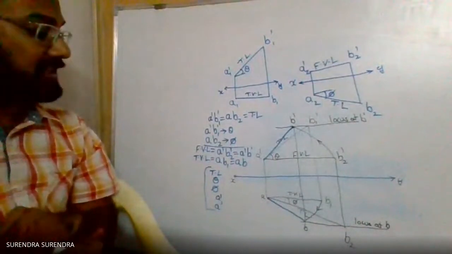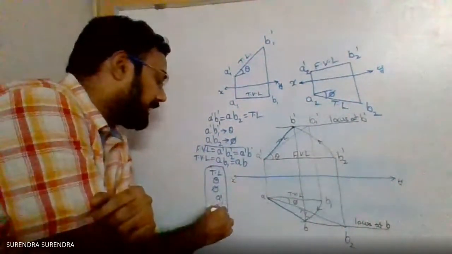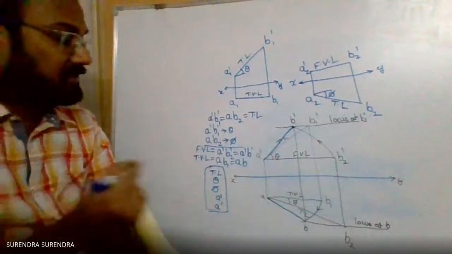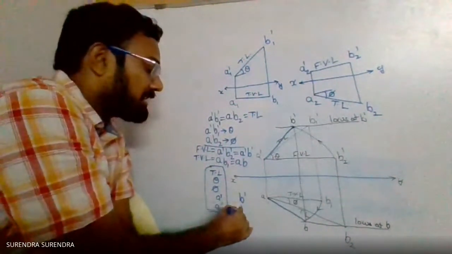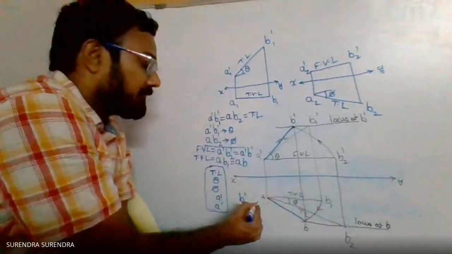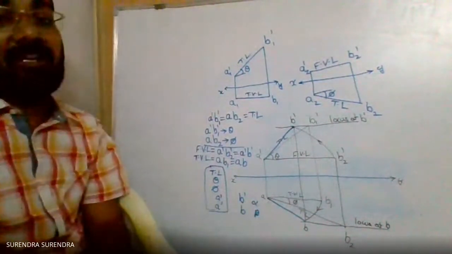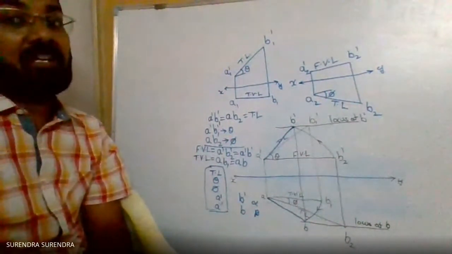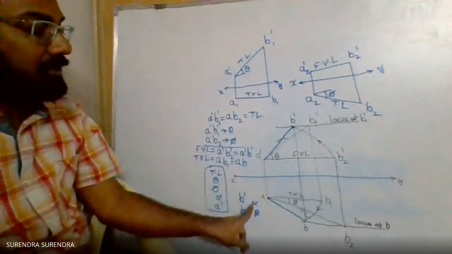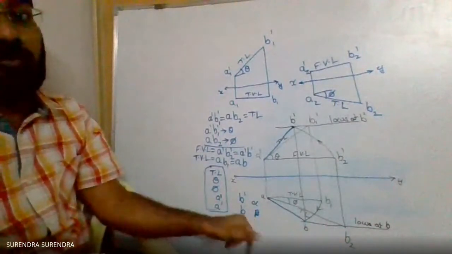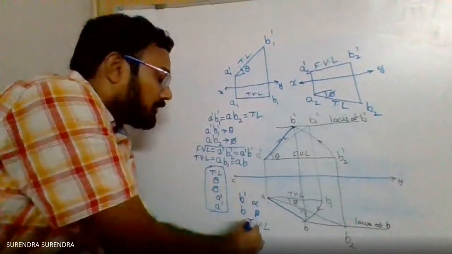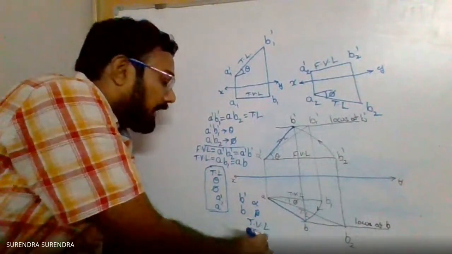But along with these 5 dimensions, if you observe in this problem, there are other values: the distance of B dash and B from the XY line, the alpha and beta angles, that is, the apparent inclination in the front view and the apparent inclination in the top view, or the inclination of the front view with XY and the inclination of the top view with XY, and the top view length and the front view length.